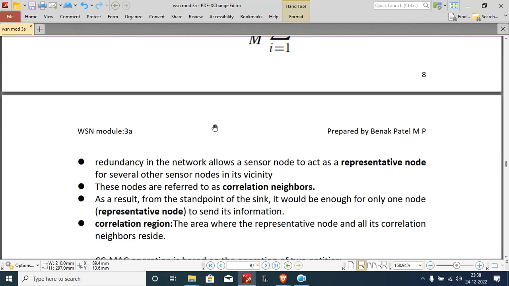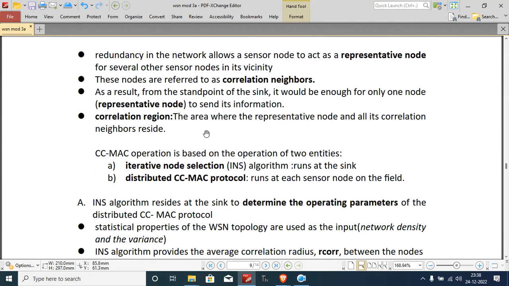And for all of this to happen, CCMAC operation involves an iterative node selection algorithm, INS, and a distributed CCMAC protocol.